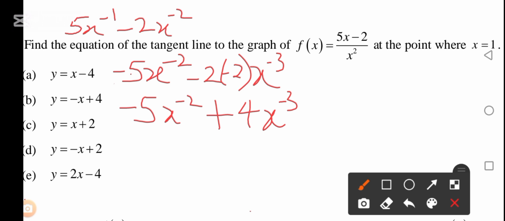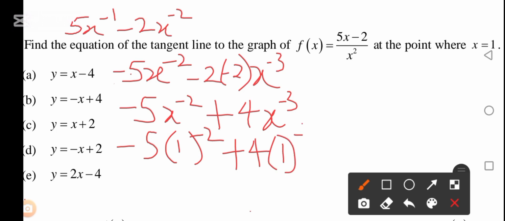And the question said at the point where x is equal to 1. So we substitute 1 into this function. We have minus 5 into 1 to the power of negative 2 plus 4 into 1 to the power of negative 3.